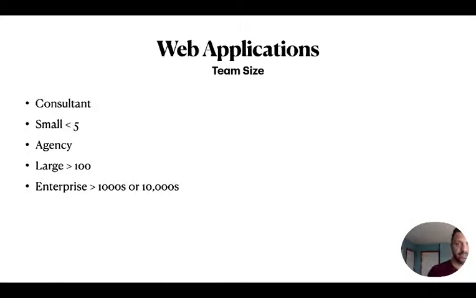There's large businesses like over 100, but then there's also enterprises which could be over thousands or 10,000s. So again, you could find yourself in many sorts of team sizes in different sorts of companies that all have different ways of working, but allows you to use that computer science foundation and your web application skills within these environments. So it's pretty cool.